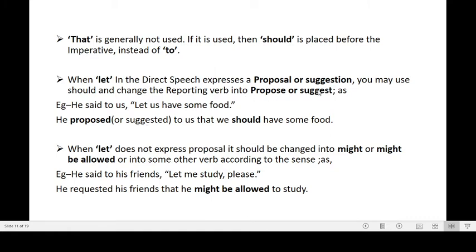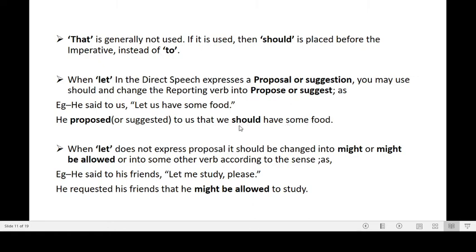We have to use either of these two words, and then we have to use should with the sentence. Here this sentence is changed like this: he proposed or suggested to us that we should have some food.